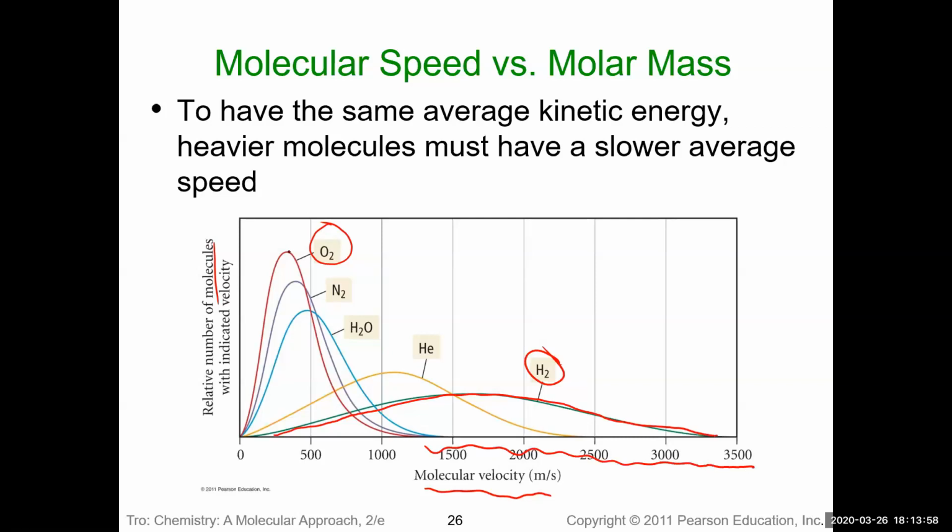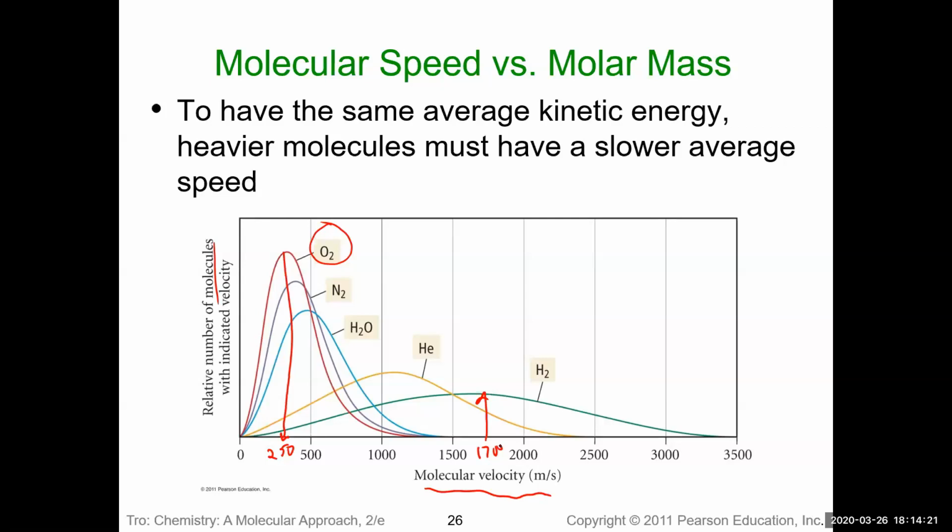So if we had to say the average speed of hydrogen, maybe around here, that's where we could average that, where oxygen's speed is down here, right? So around 250-ish versus 1700-ish meters per second. So now their kinetic energies are the same, right?